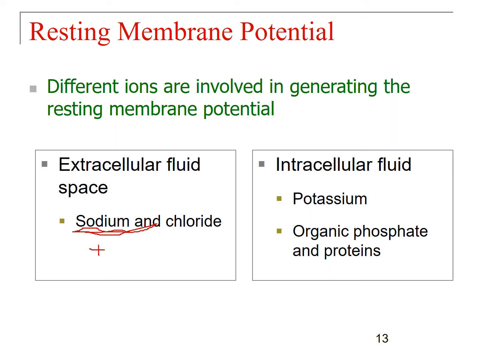And chloride, which is also on the outside, is an anion, so it's got a negative charge. Within the intracellular fluid, you've got potassium ions, which have a positive charge, and you've got organic phosphate and proteins, and most of these have got a positive charge as well.